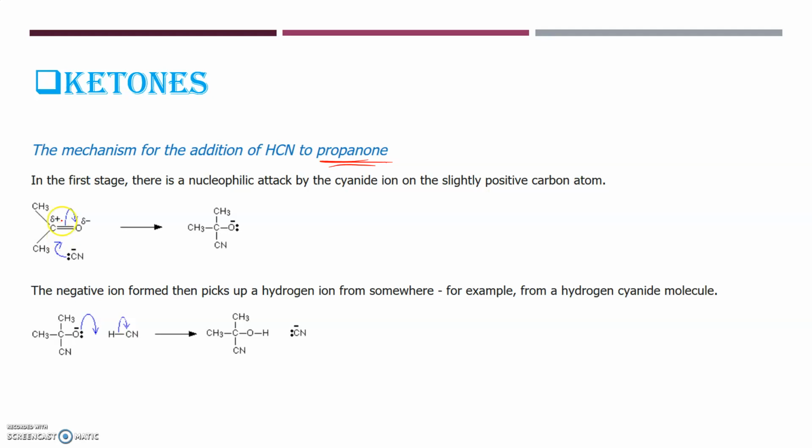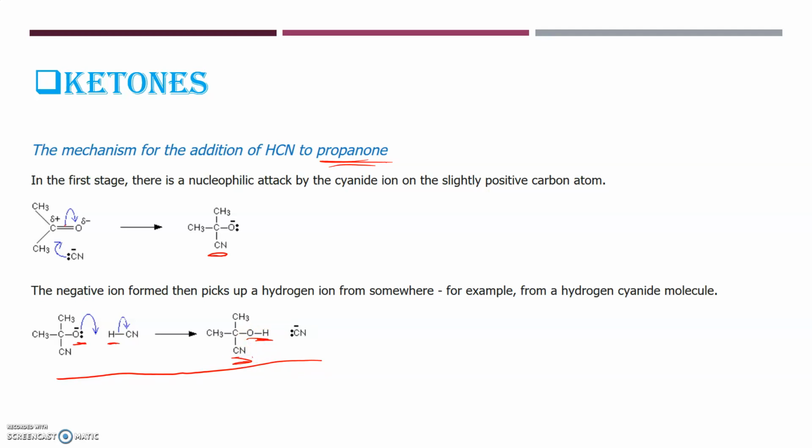Next step, the double bond or the pi bond breaks and the CN attaches to the carbon. And then the hydrogen again attaches to the oxygen. And there you have it. So it's CH3 and the C with the O and then the H and the CN.